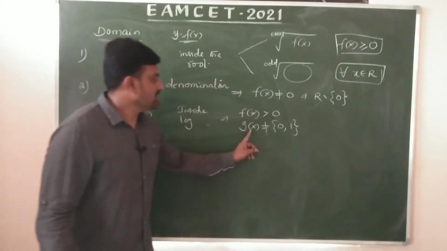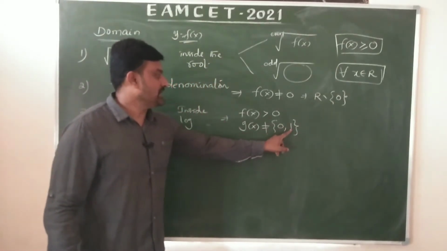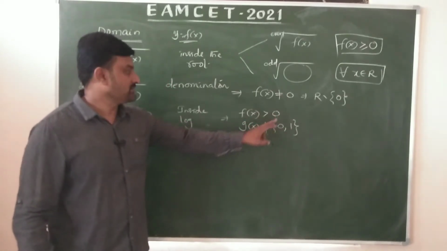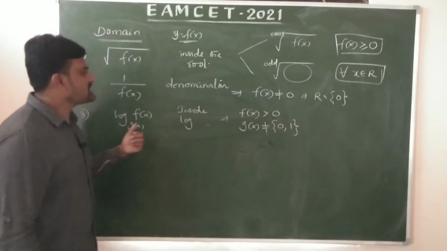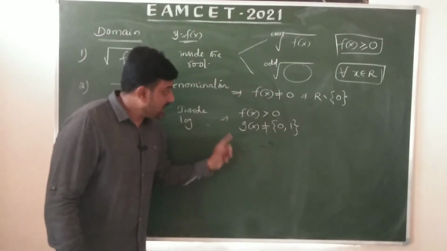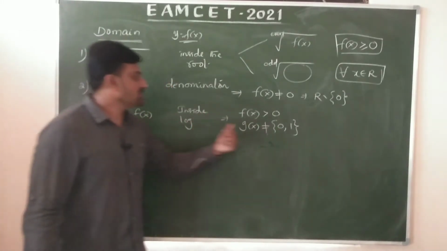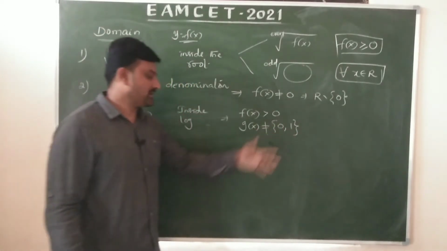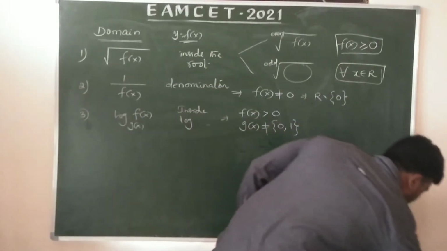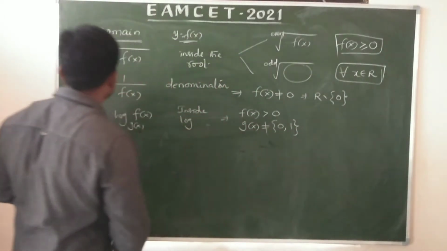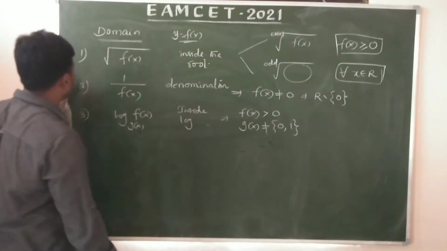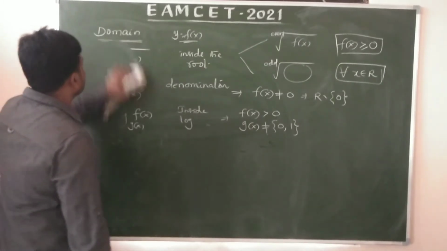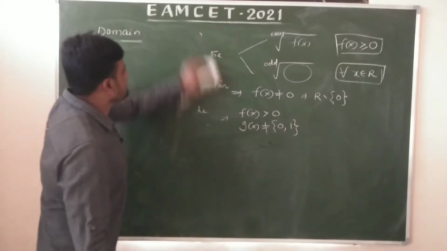So g of x is not equal to 0 and 1, and it should be greater than 0. Remember, the log argument must be greater than 0, and the base does not equal 0 and 1. These three cases are the main ones. Let us go with our problems of domain.